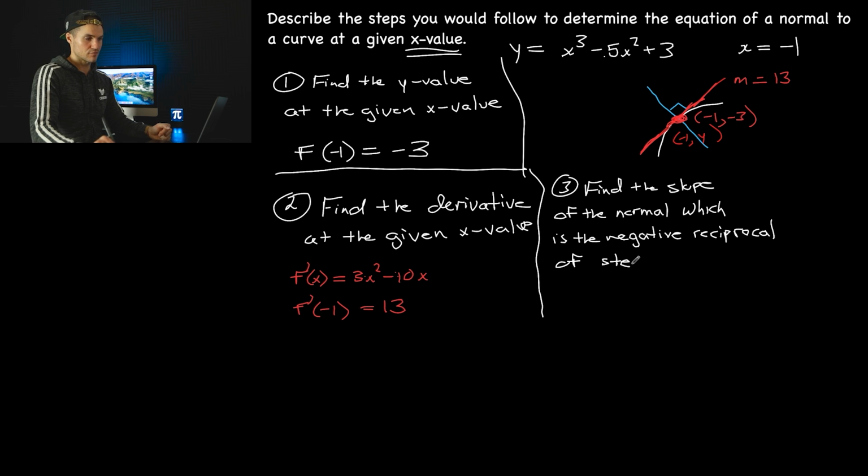Because step 2 was the derivative, or the tangent slope. So now we find the negative reciprocal of this slope. What's the negative reciprocal of 13 over 1? Negative 1 over 13. So that gives us the slope of this line right there.